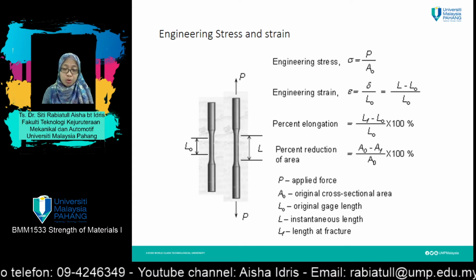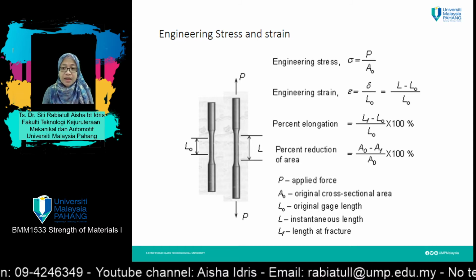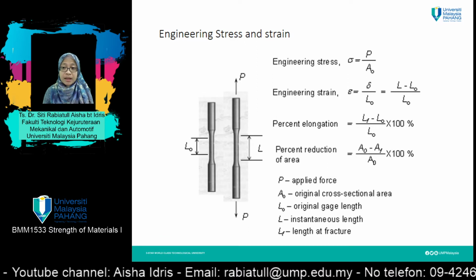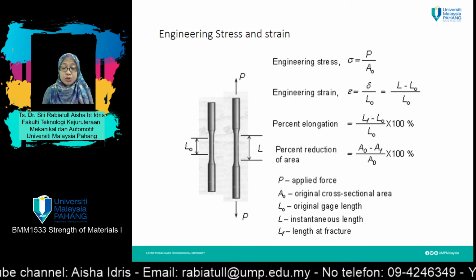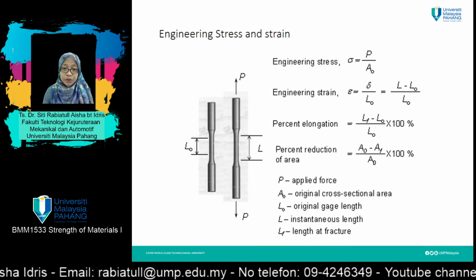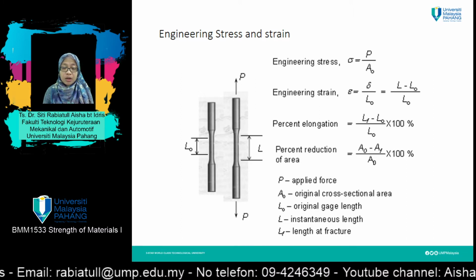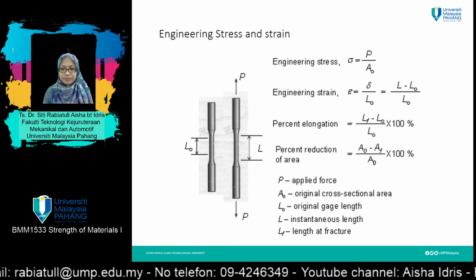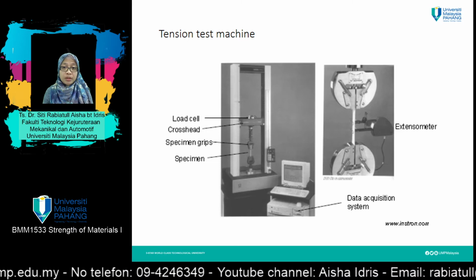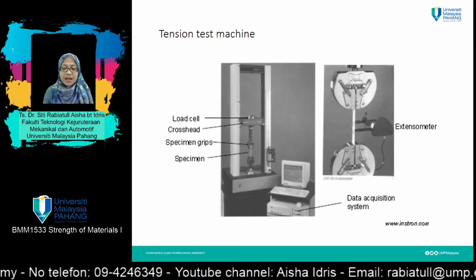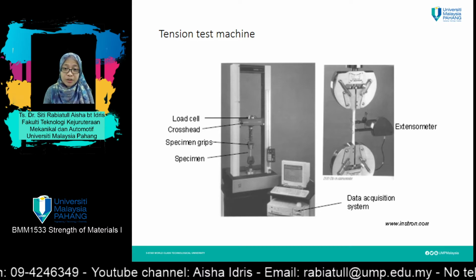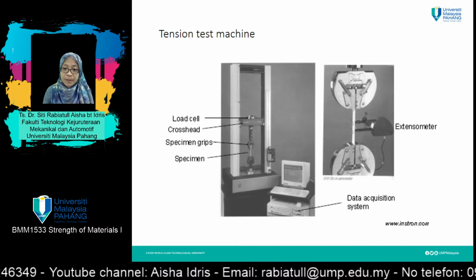When we want to conduct a tension test, we need to know all these formulas and parameters, like sigma equals P over A, like the one that I mentioned in lecture 1 and in last week's lectures. And this is the machine that is used to conduct the tension test. This machine can be found in the Material Science Lab, Universiti Malaysia Pahang, FTKMA.